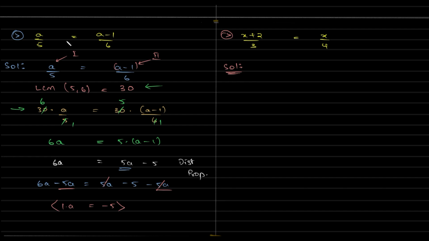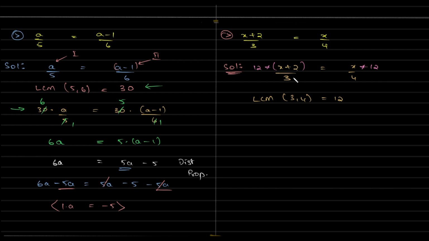So we have x plus 2 divided by 3 is equal to x by 4. It's a similar question, try it out. The first step is to find the LCM of the denominators, 3 and 4, that is 12. So we need to multiply both the terms with 12. So I'm going to do it here itself, 12 into that into 12, right?